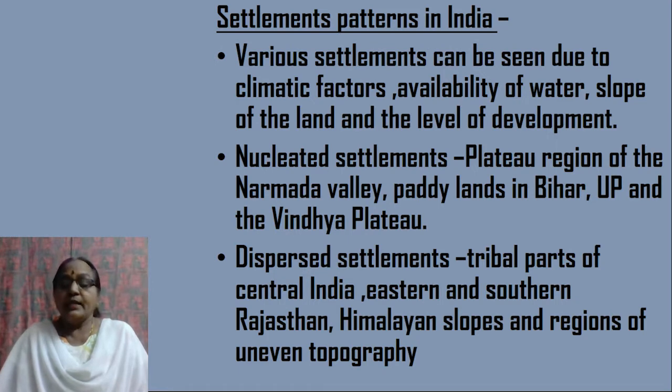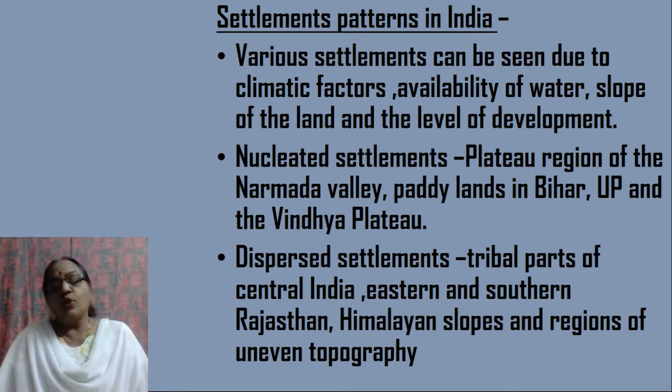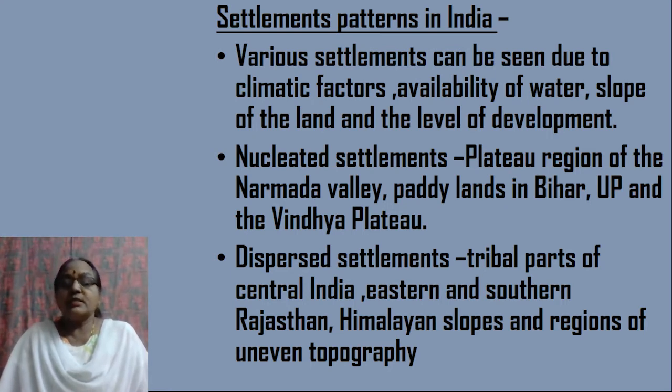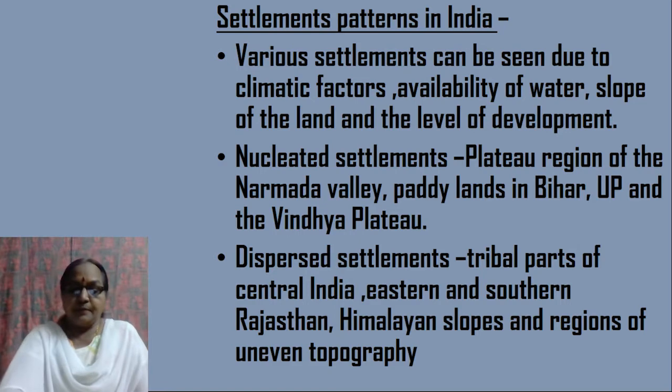Rajasthan faces drought conditions, where availability of water may not be there, and the climate may not be suitable. Or if you take the Himalayan slopes, where the terrain is uneven. So in all these regions, we find settlements are dispersed.